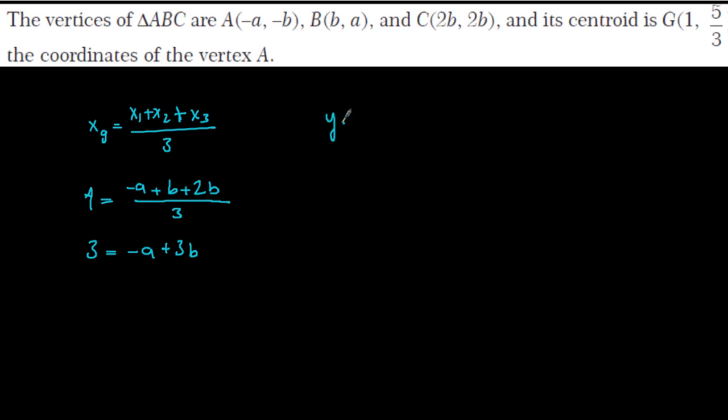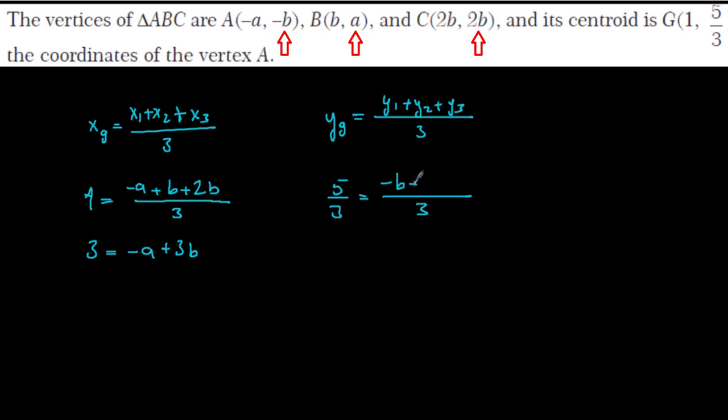And yg, the gravity center, is equal to (y1 plus y2 plus y3) over 3. Then yg is equal to 5 over 3, and on the other side the denominator is 3, so minus b plus a plus 2b.